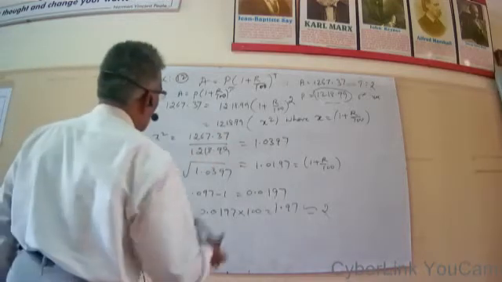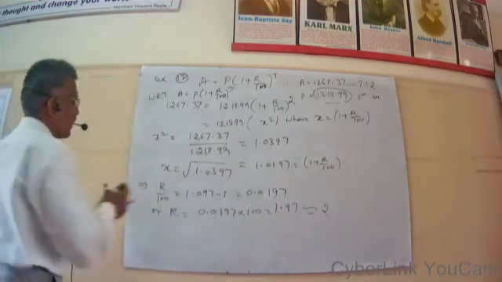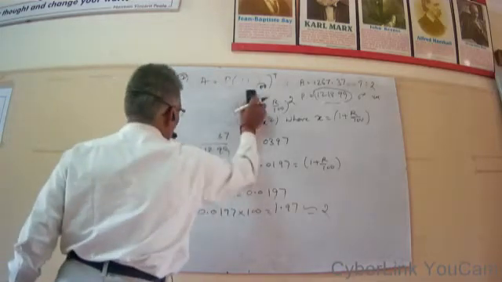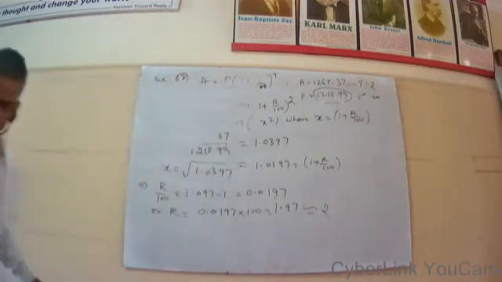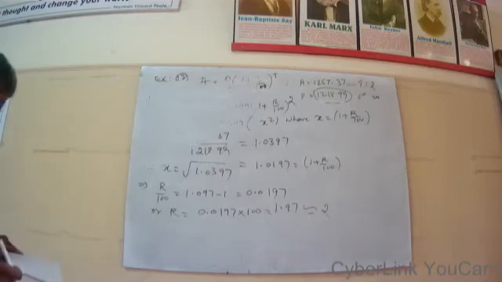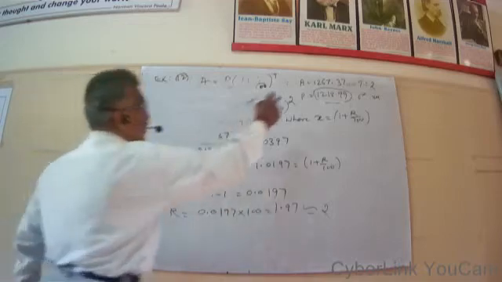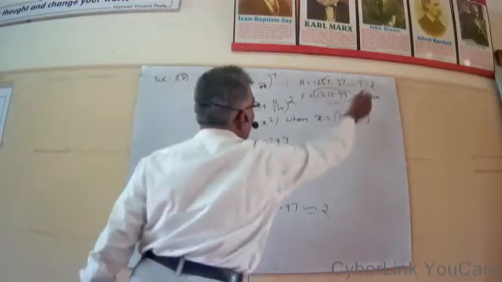Now R is determined, amount is known, T is known, and hence we find the principal amount. The next is to find out the principal amount. A is known, some amount A becomes this after 5 years.